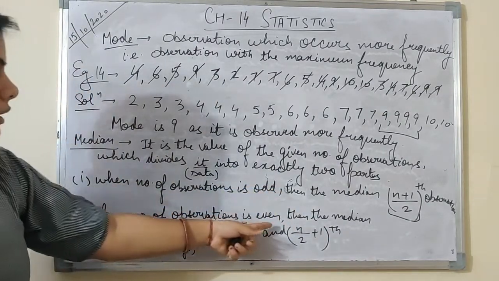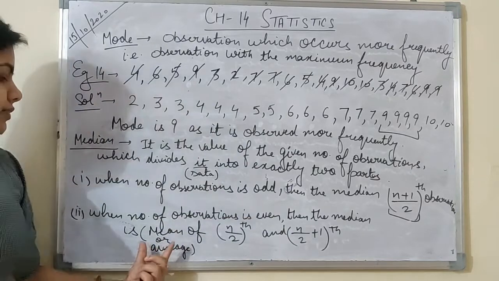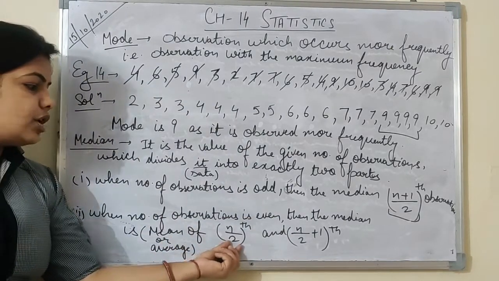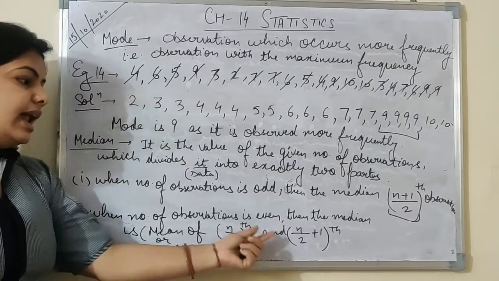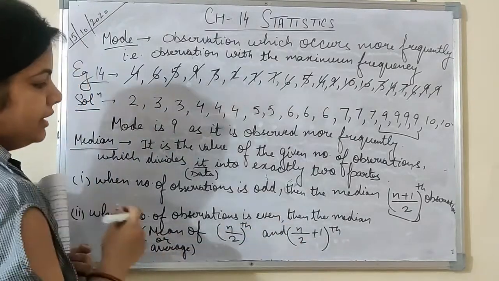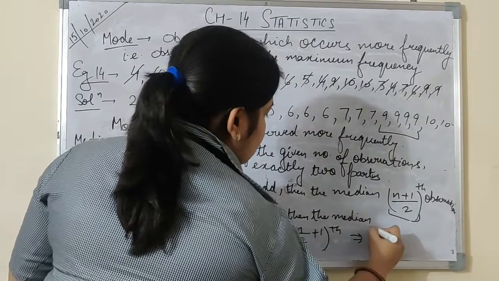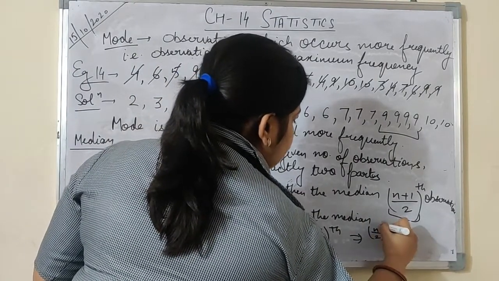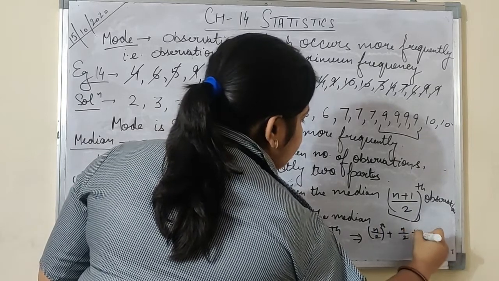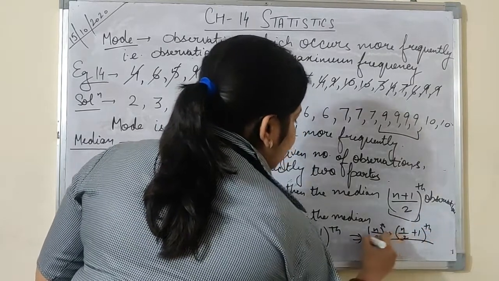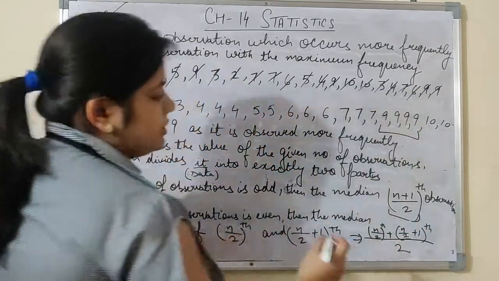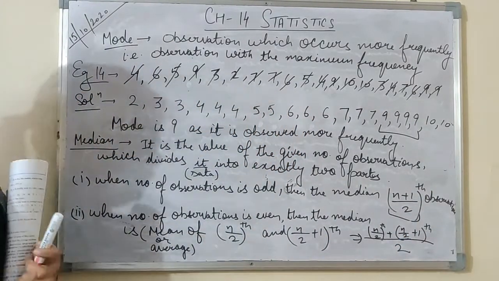If data is even, then you have to find the mean or average of the n by 2th term and the n by 2 plus 1th term. That is, the n by 2th term plus the n by 2 plus 1th term, divided by 2, will be your median.